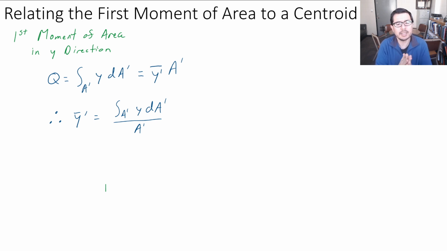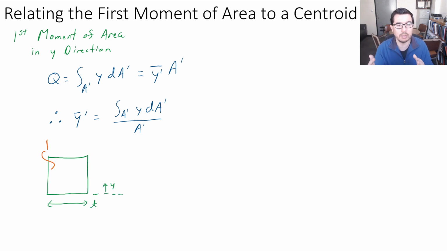So let's take a look at how you find the centroid using this equation. This may be a review from previous courses, but it does shed some light on how the math relates to the geometry of a cross section that we might be studying. Here we have a cross-sectional profile of a rectangle.